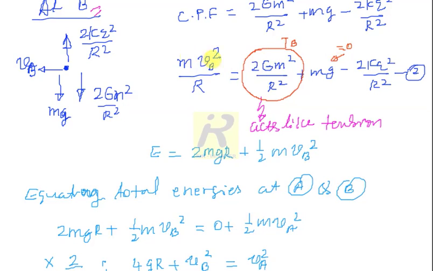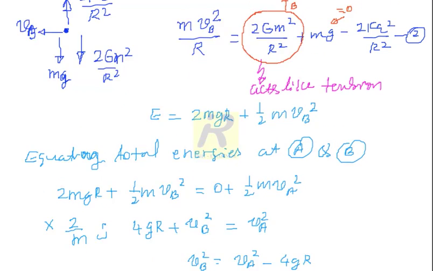So what I get? mVb square divided by R is equal to tension plus 0 minus 2kq square divided by R square. So this is TB.